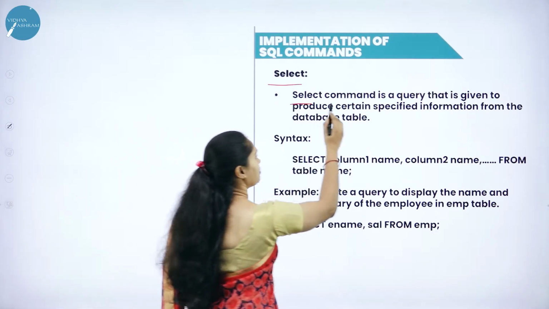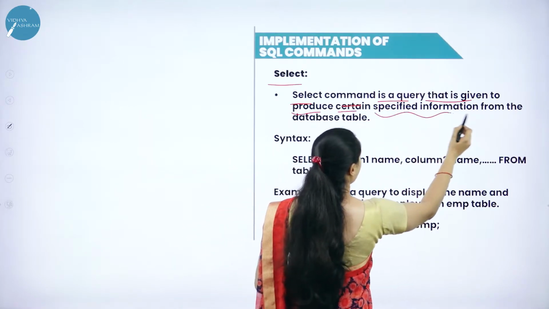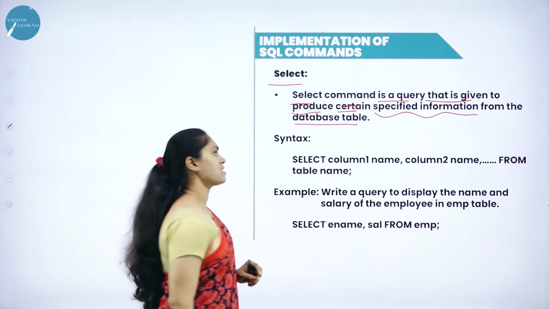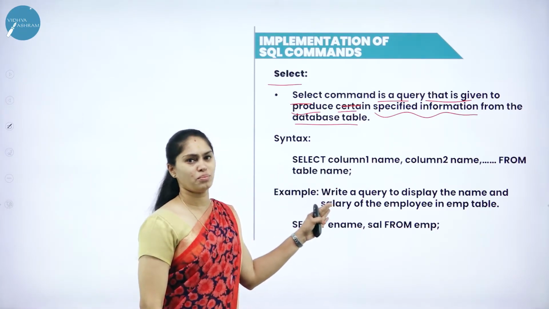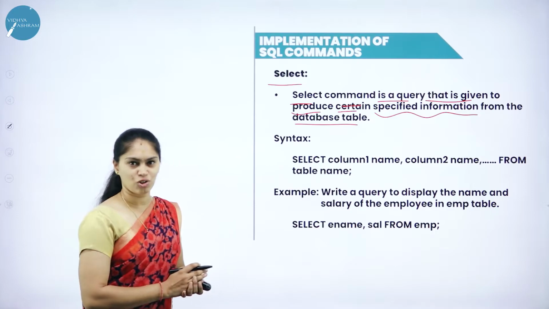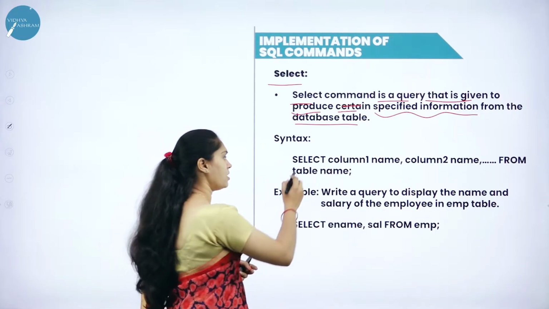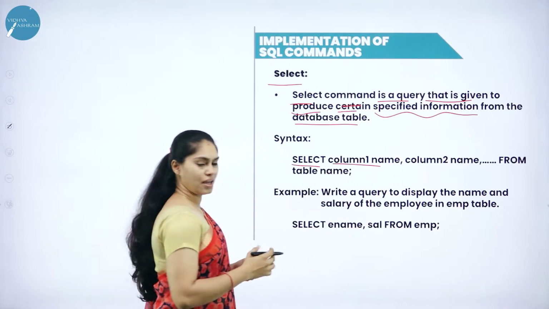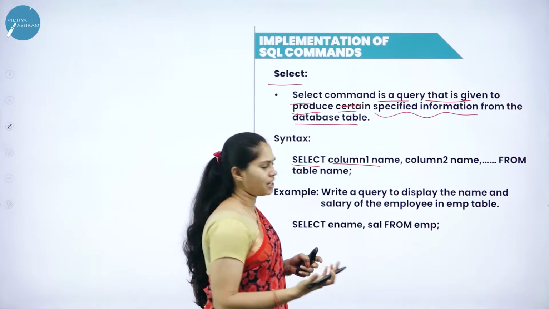So the select command is a query that is given to produce certain specified information from a database table. If I wanted to fetch specific information from a table, then we have to go with this select command. What is the syntax for the select command then? Select column 1 name. That means we have to specify which column you wanted to fetch. I can have any number of columns.